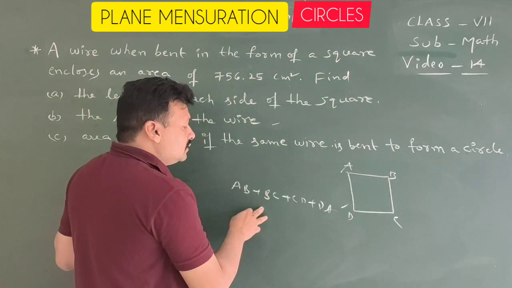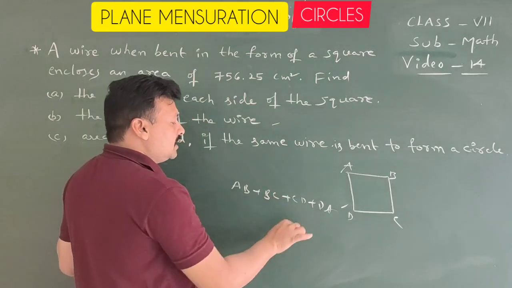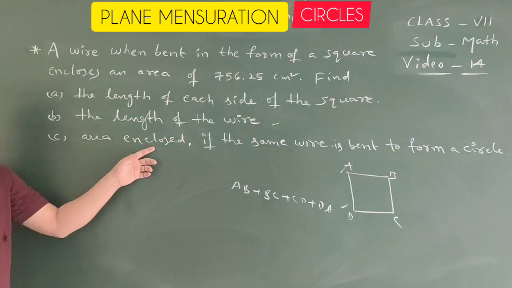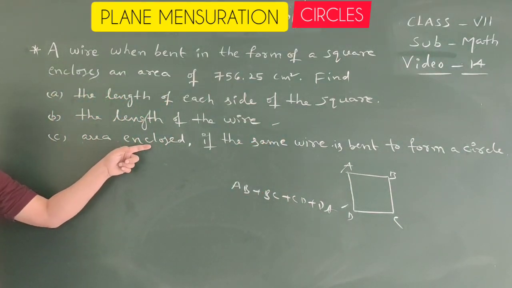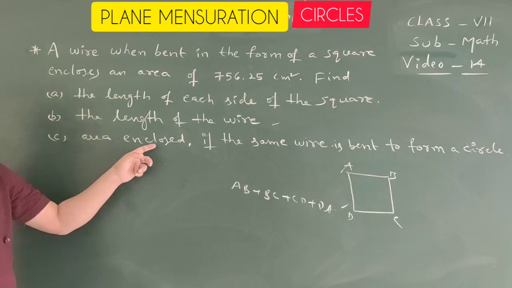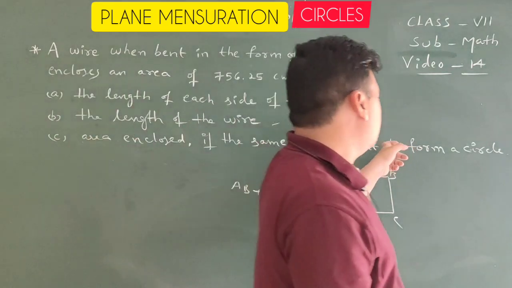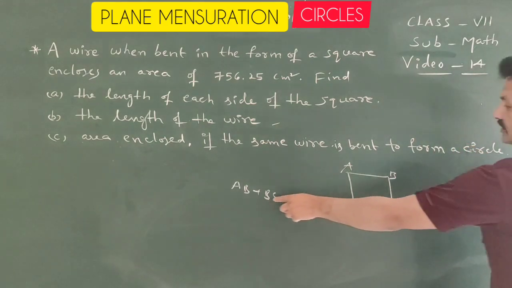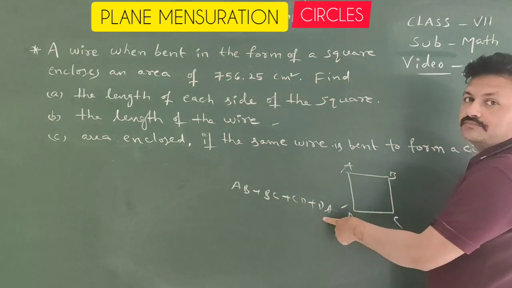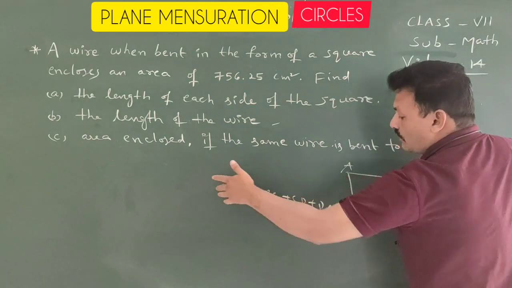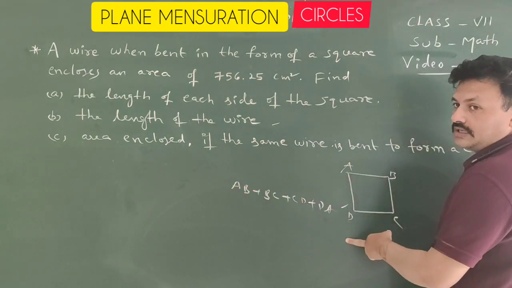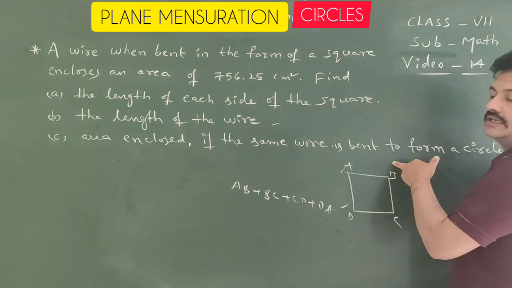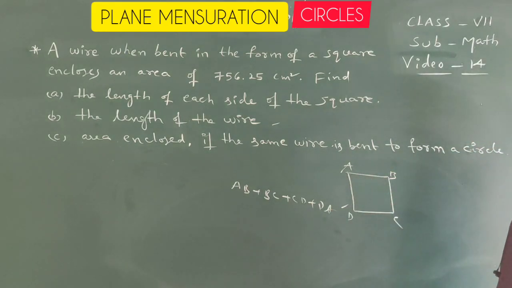Now, if the wire is bent in the form of a circle, find its area. Then the length of the wire becomes the circumference of the circle. Once you know the circumference, you can easily find its area. Now only we did these type of problems.